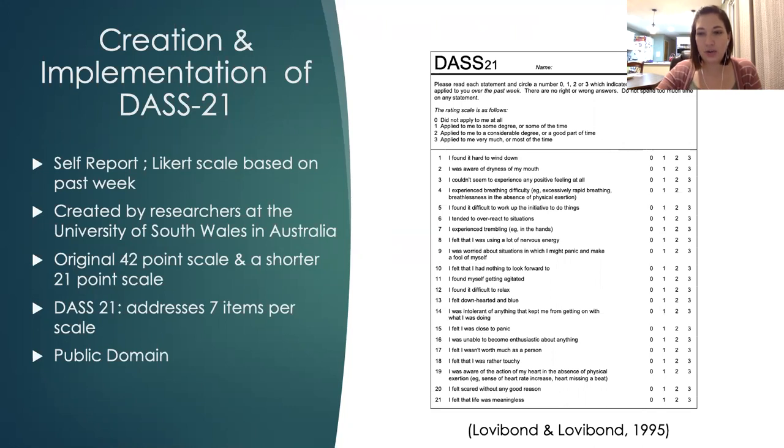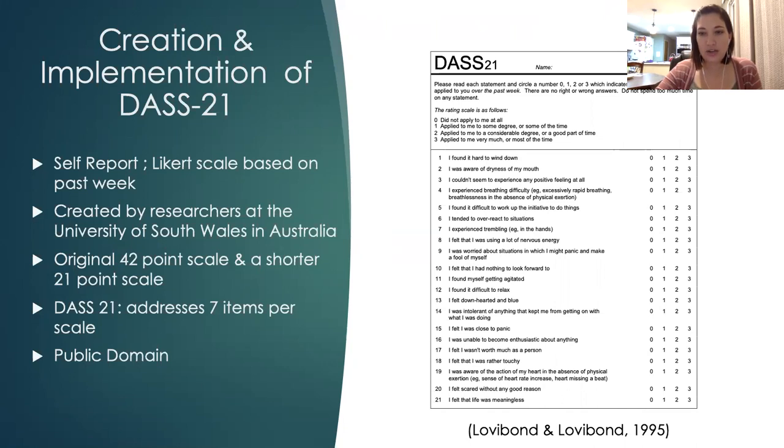The depression scale correlates with mood disorders, the anxiety scale with various anxiety disorders, excluding generalized anxiety disorder, which actually correlates closely with the stress scale. The subscales assessed by the depression scale are dysphoria, hopelessness, devaluation of life, self-deprecation, lack of interest, among others.